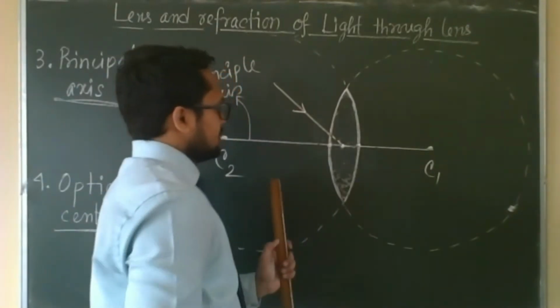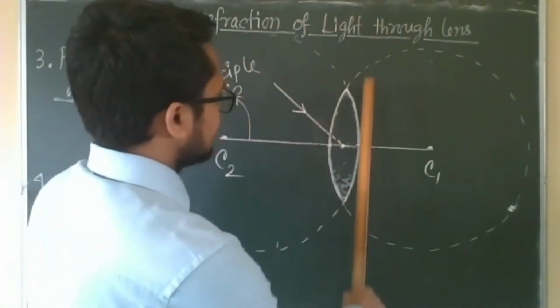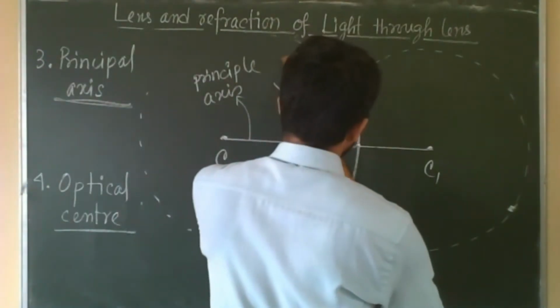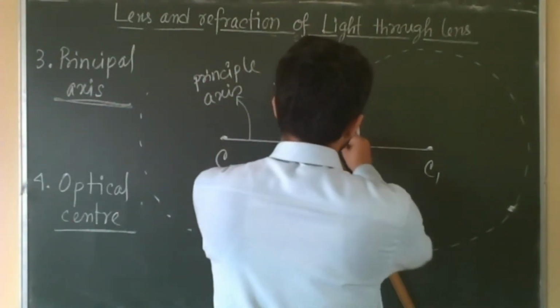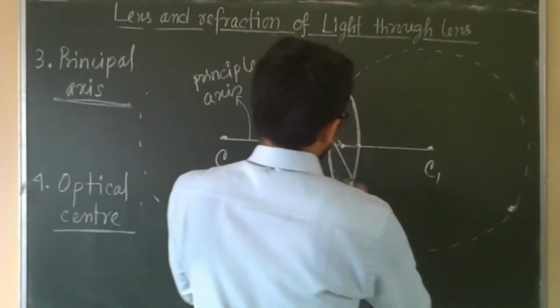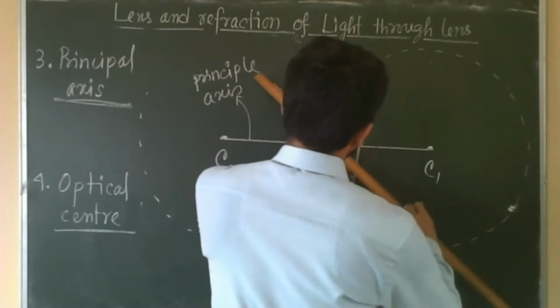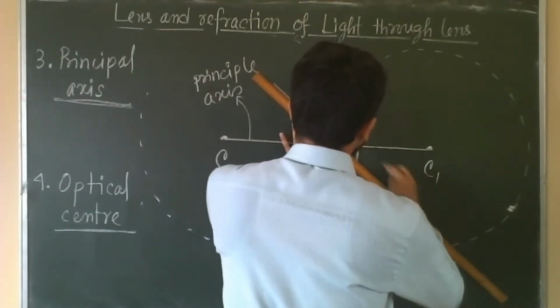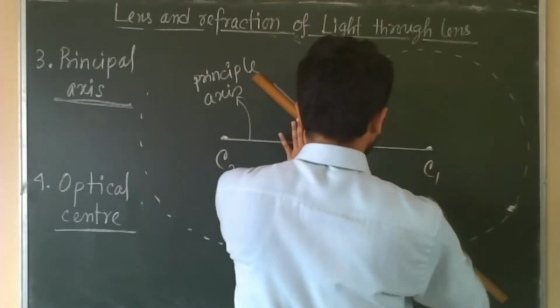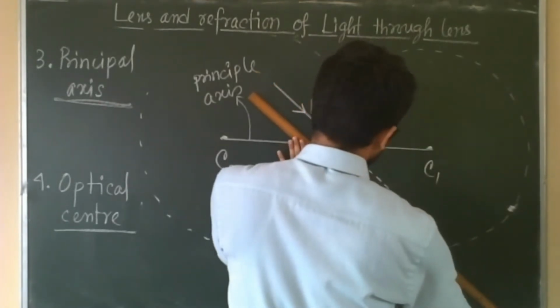Inside this lens, refraction will occur. But when it comes out of the lens, it will be parallel to the incident ray. This is the actual path, parallel to the incident ray.